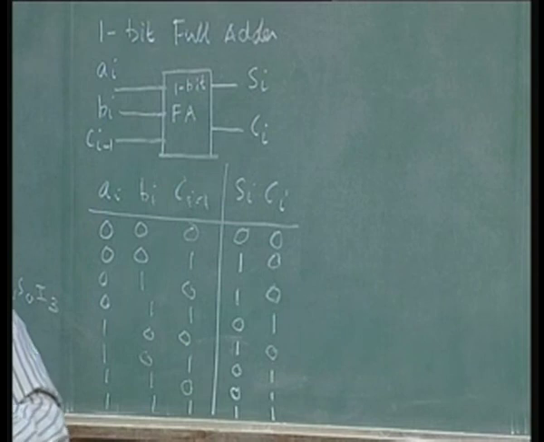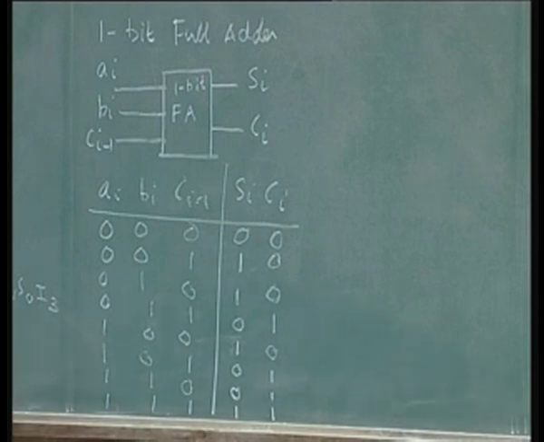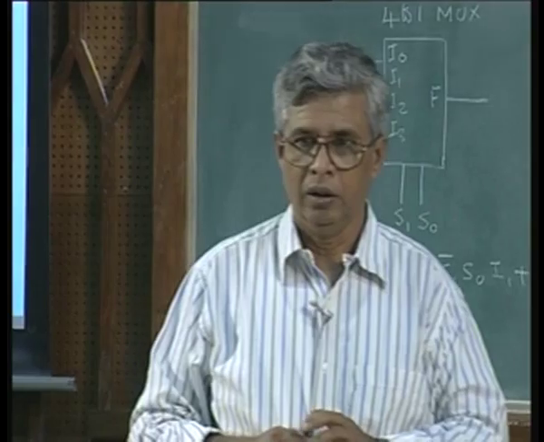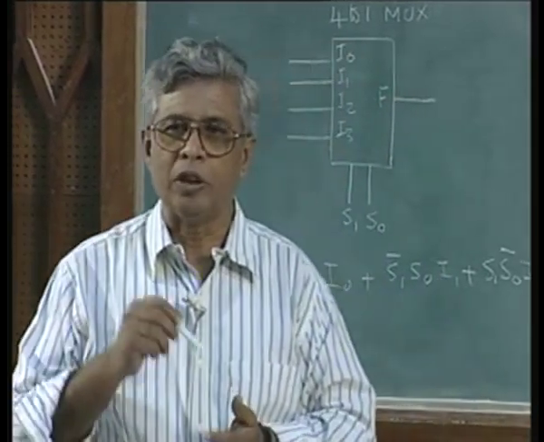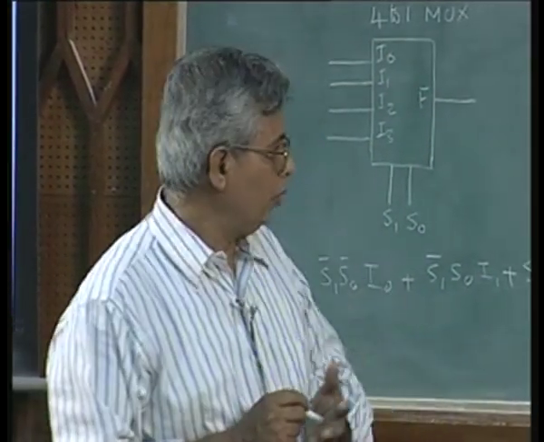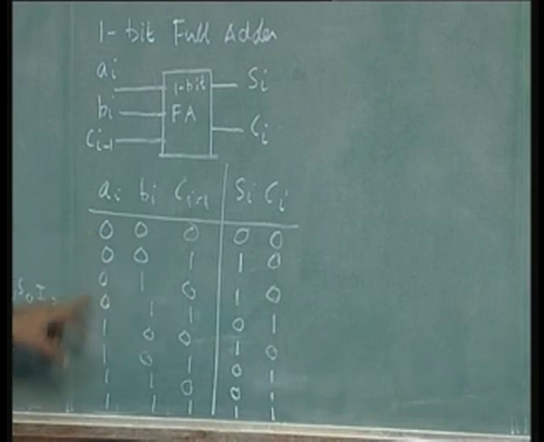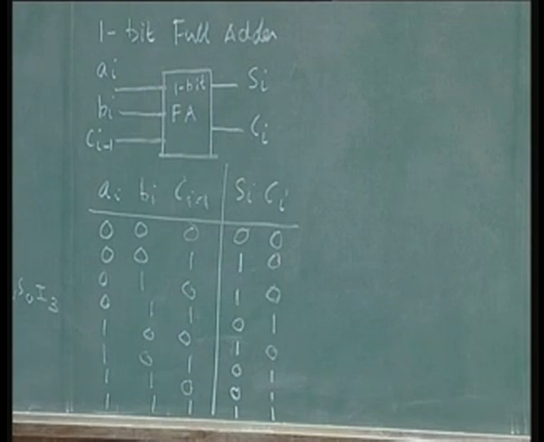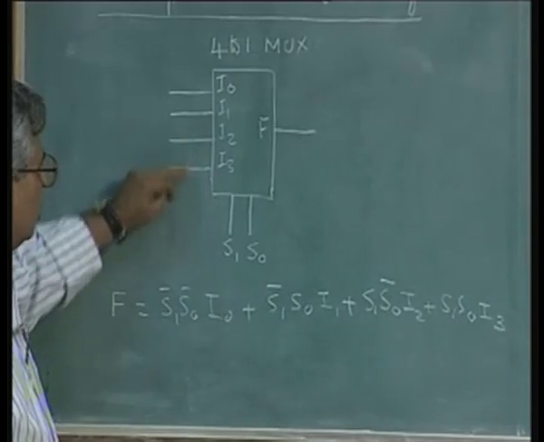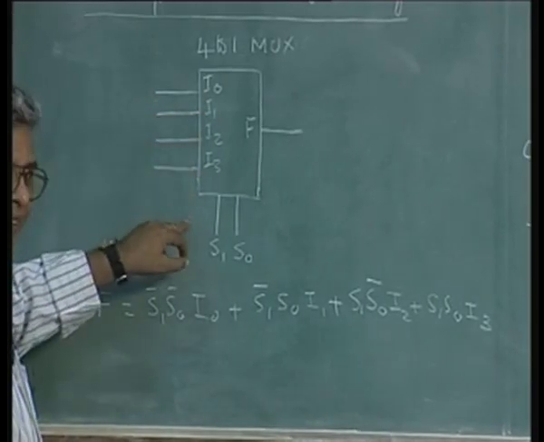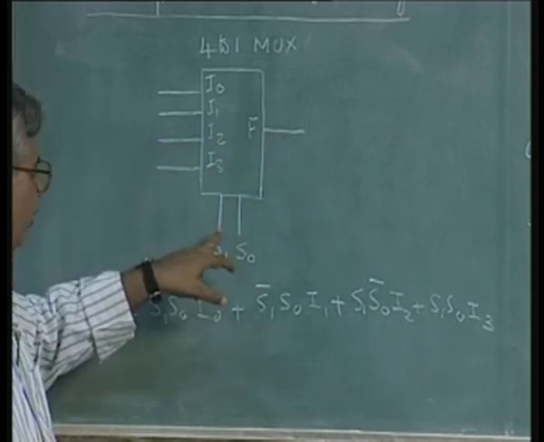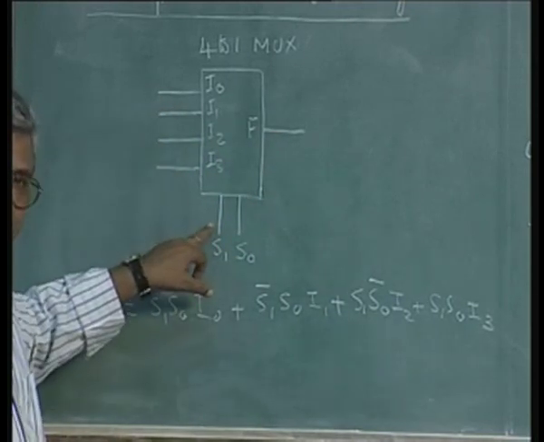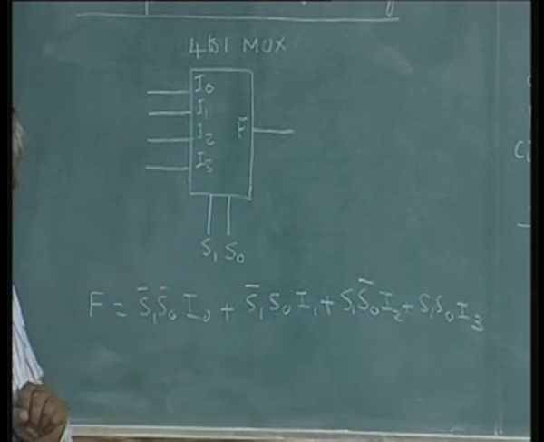Now I am told by the person who has given this problem to me to use only multiplexers. So if I have a choice of multiplexer type, because there are 8 input combinations and 1 output, naturally I will choose a multiplexer with 8 inputs I0, I1, I2 up to I7 and 1 output F, and when you have 8 inputs I need 3 selectors S2, S1 and S0.